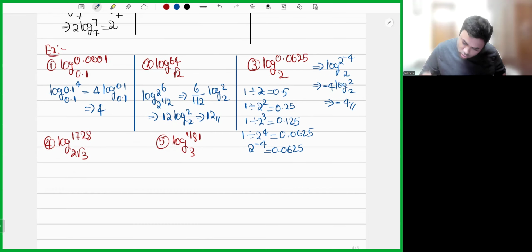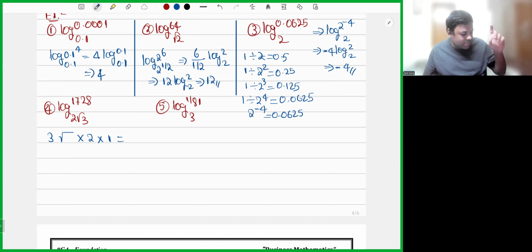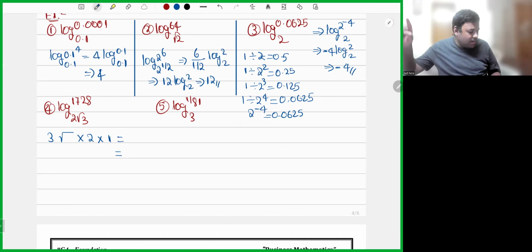Next. Question number 4, we have to use our calculator. First, we need to calculate 2 root 3 in the calculator. How will you calculate? 3 under root into 2 into 1 equals to. If I do this, I'll get 3.4641. I'll press equals to again. I'll get 11.999999.